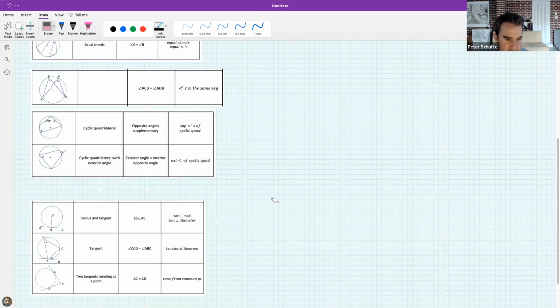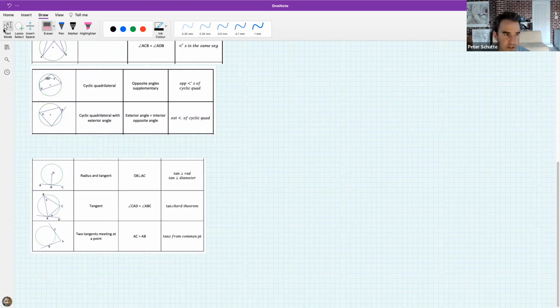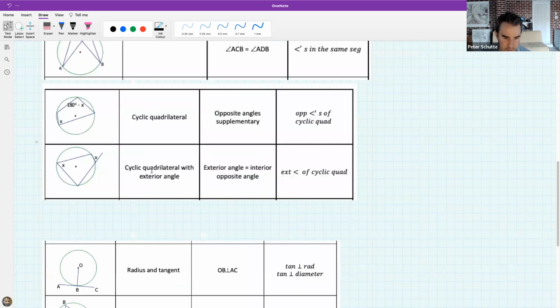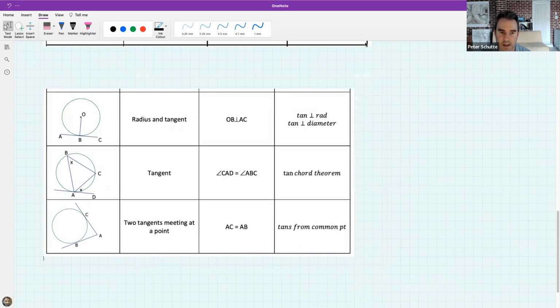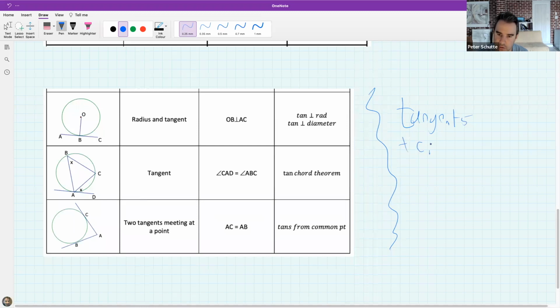If you want to take pictures or screenshots or whatever it is, you can do that. So the stuff that we've done this week really focused on the relationship between tangents and circles. So that's what this week's quiz is going to be about.